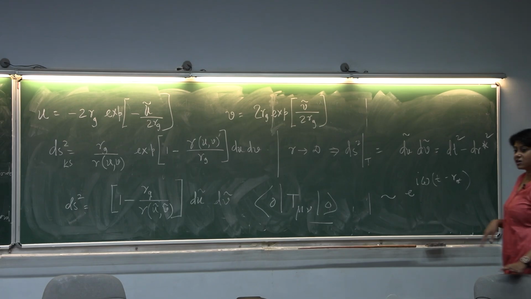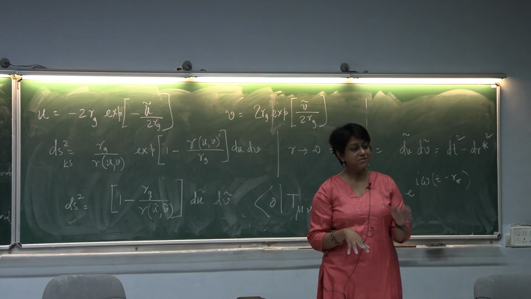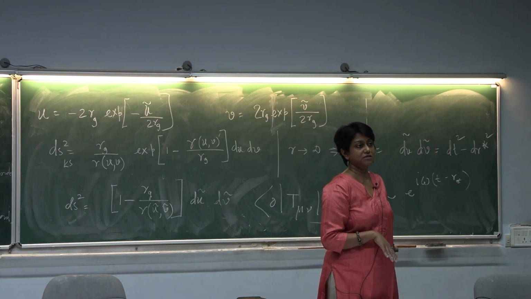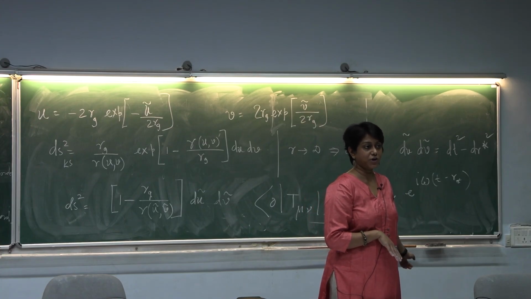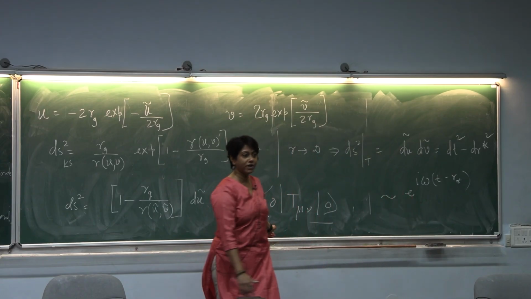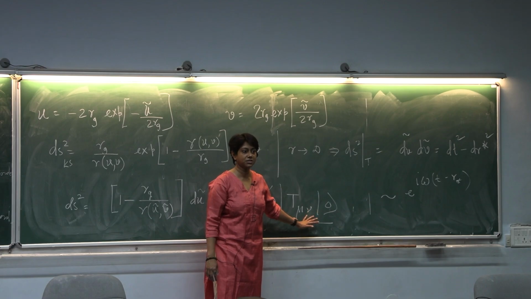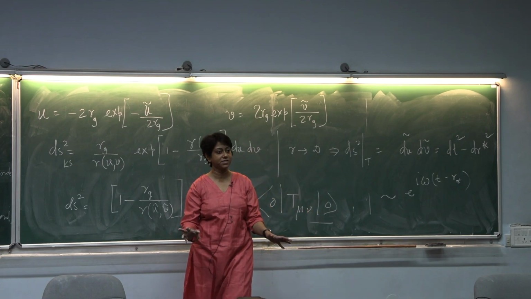For a freely falling observer, if you agree with me, he will see this T mu nu diverging basically. So for him, the Boulware vacuum is absolutely a messed up condition. It's an unphysical condition. People often tag it as unphysical.